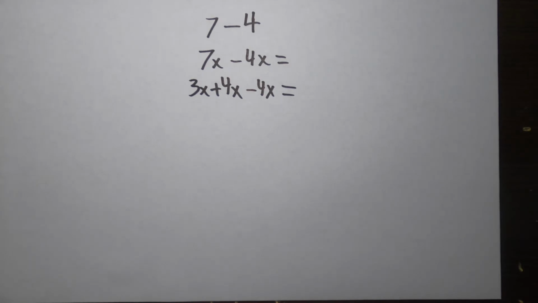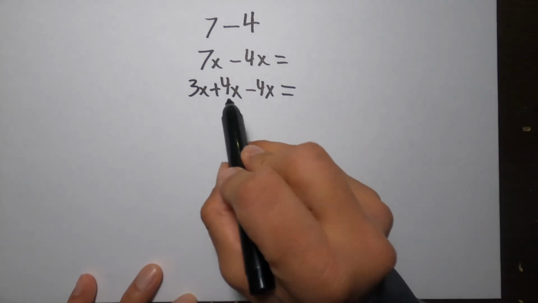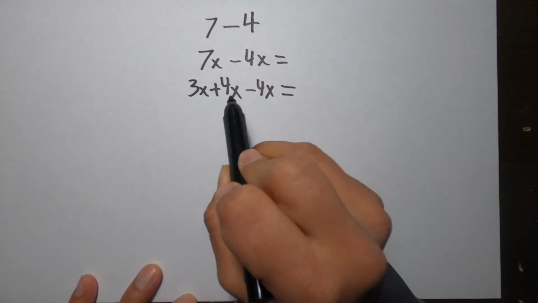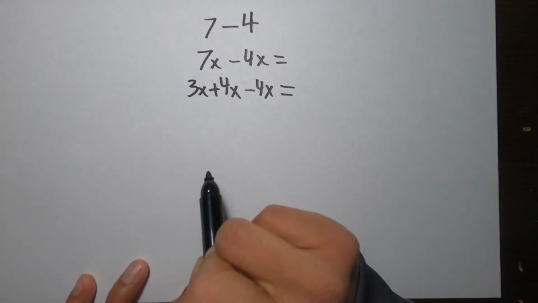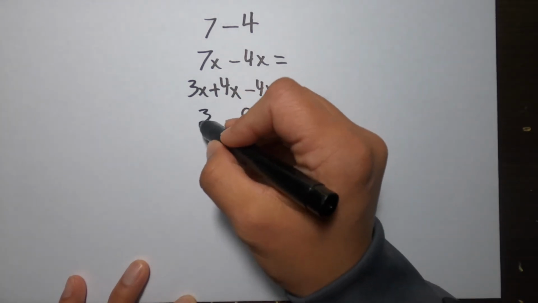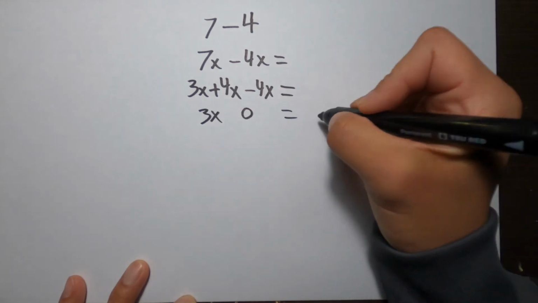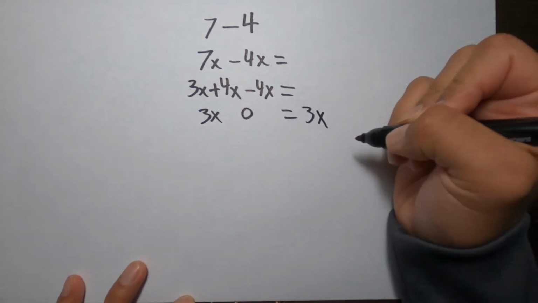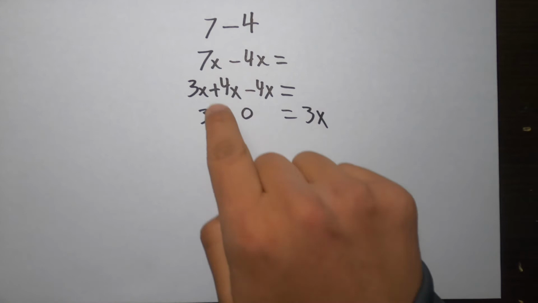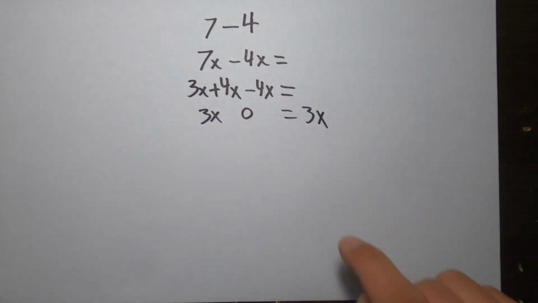So now this made more sense to me, because 4 minus 4, 4 deducted from 4, the difference of 4 and 4 is 0. And then that just left me with 3 chairs, which is your answer, 3 chairs. Again, this is the long way of thinking about it, but this is how I made sense of it. This is how I was able to look at numbers like 7 minus 4 equals 3.